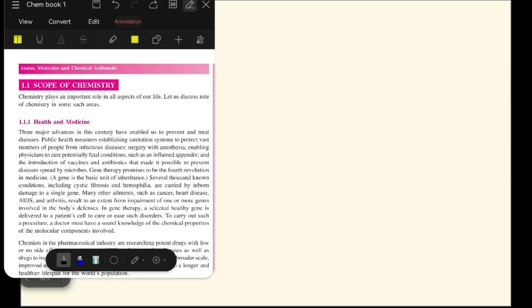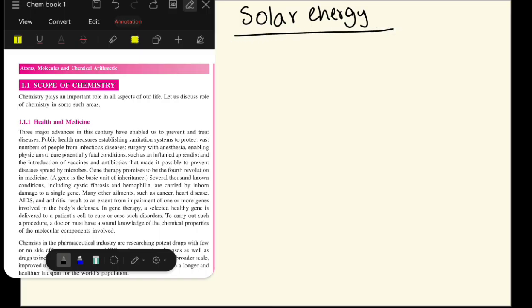There is an alternative, and that is solar energy. Solar energy is the most viable source of energy. It is always available and widely available.